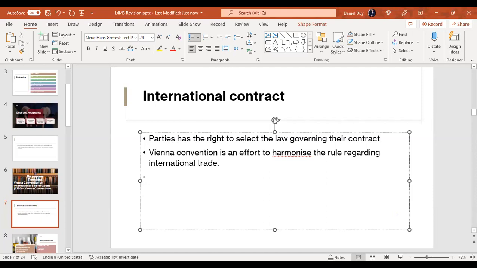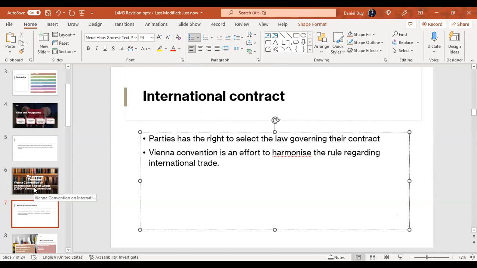Currently, the Vienna Convention has more than 100, I don't remember the exact number, but about 100 or 120 members. If companies from these countries sign contracts with each other, then the Vienna Convention will be applied, and it will harmonize the differences of law between different countries.